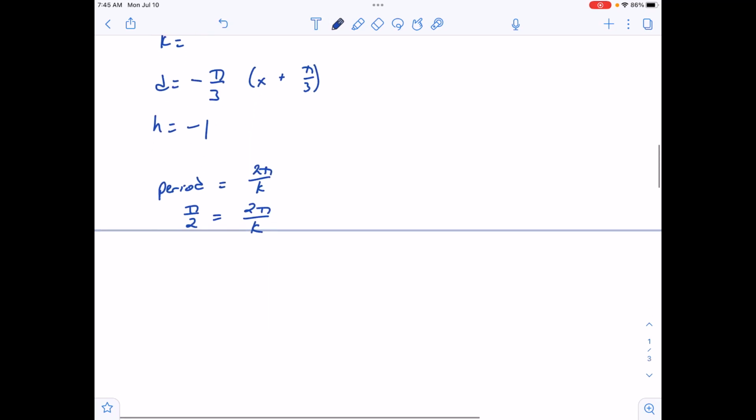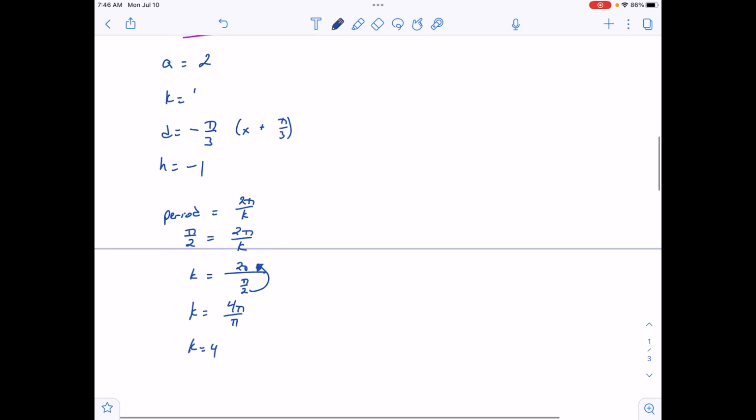Okay, we can do some rearranging and continue to flip things around. So I brought my second denominator there up to the top. And so our k is equal to 4. Remember I said we're moving 4 times as fast.